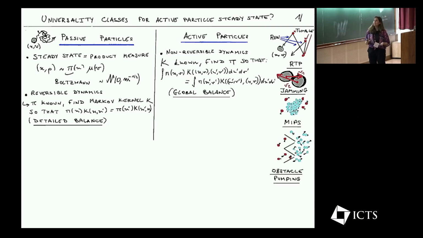And the problem is that it can show very interesting behaviors. I'll be a bit fast because Ona did a super job at showing you some very nice behavior, but you can have some phase separation, some clustering, or you can have some obstacle pumping where, depending on the asymmetry of the obstacle, you don't have the same density of particles on the left here or on the right.